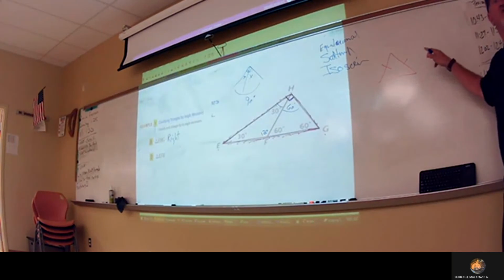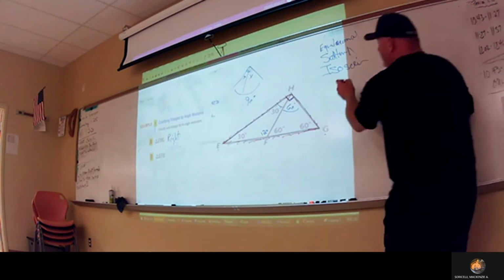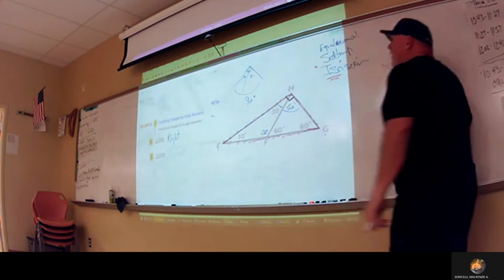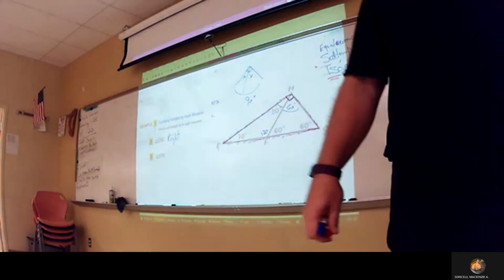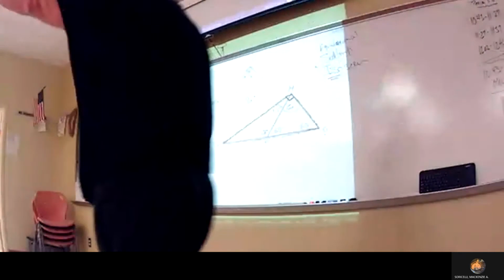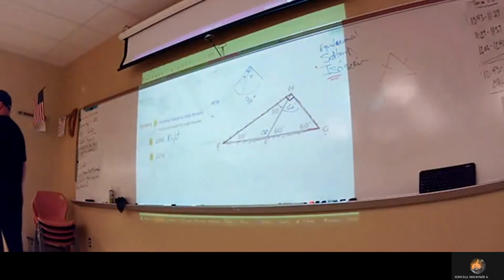Isosceles has two congruent sides. Iso means equal. This root is a Latin root. In chemistry or pharmacy, you taking pharmacology in college right now, Cindy? Nutrition.